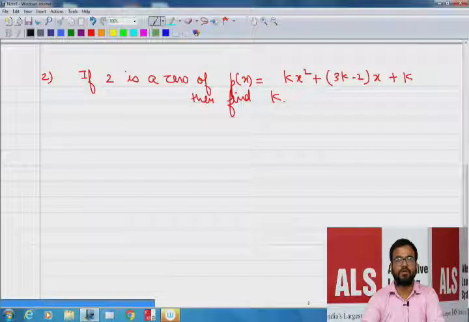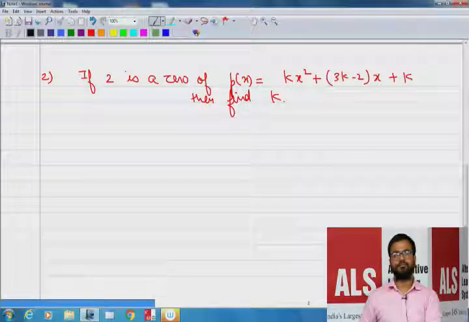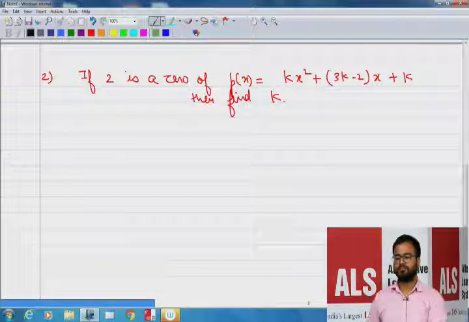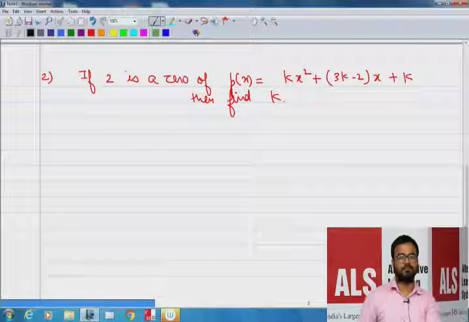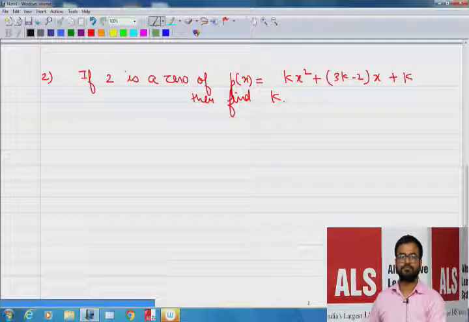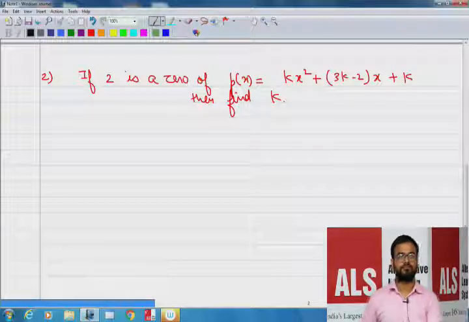Shillong Center, what is your answer? Shillong, Kohima, Tamenglong, Itanagar.